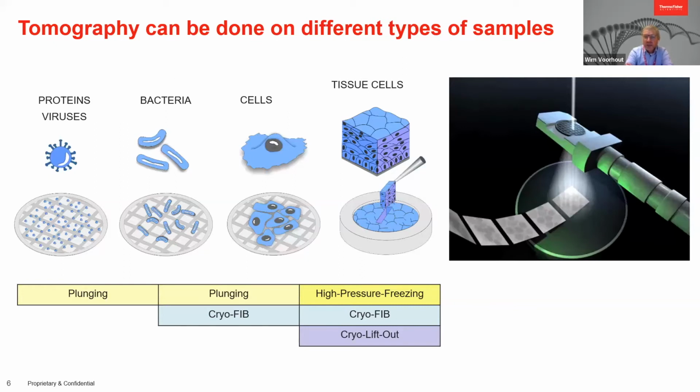Now, in the past, people tried to do that by cryo sectioning, making vitreous sections. That appeared to be extremely difficult. So nowadays, that is mostly done by a focused ion beam to thin those samples.